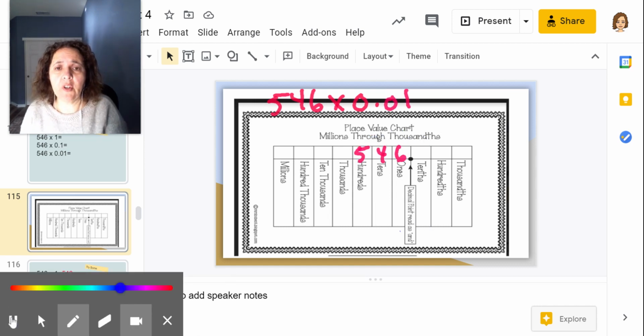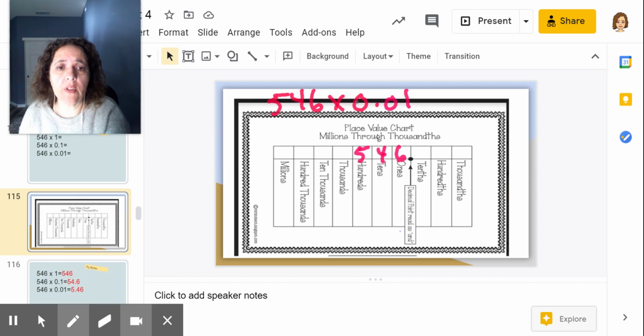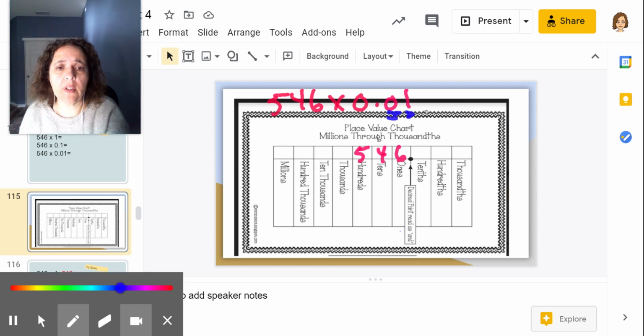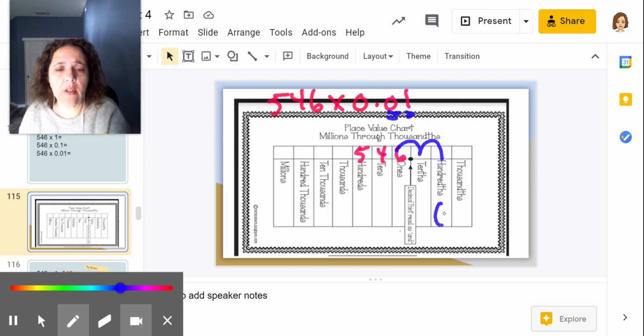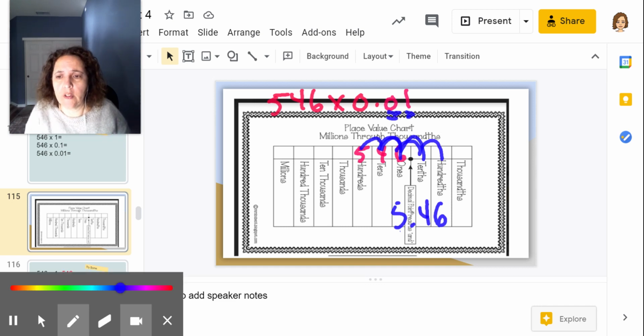Okay, here's my 546 times 1/100. So 2 shifts, right? 2 digits after the decimal, 2 shifts, 1, 2, the 6 goes there, 1, 2, the 4 goes there, 1, 2, the 5 goes there, 5 and 46 hundredths.